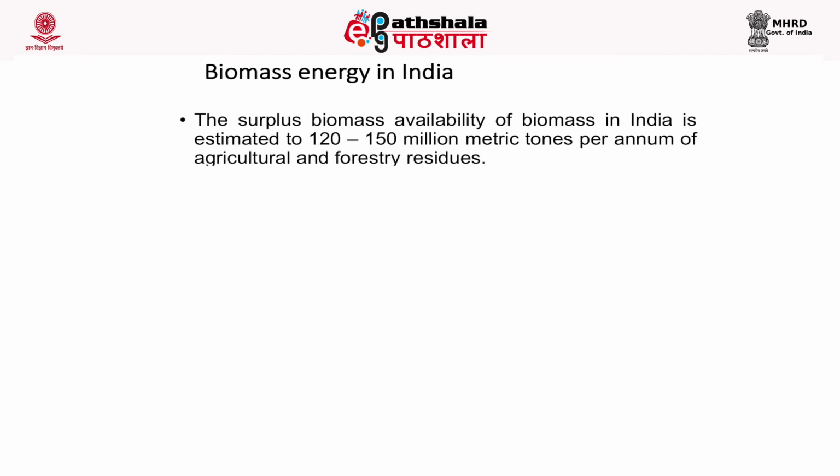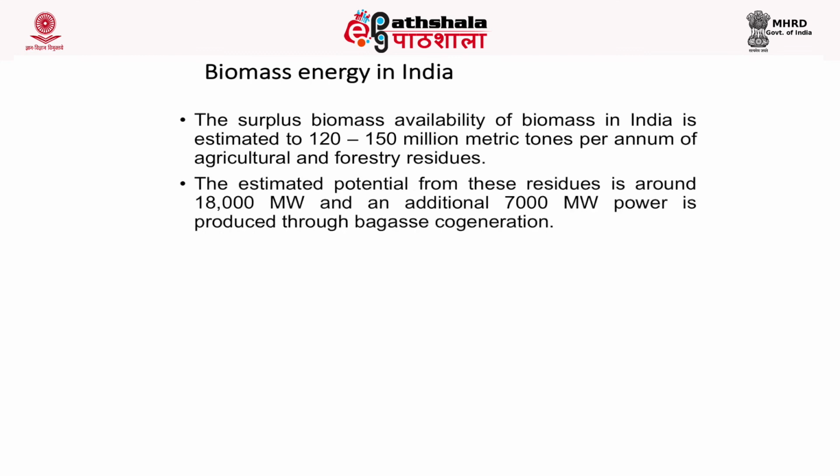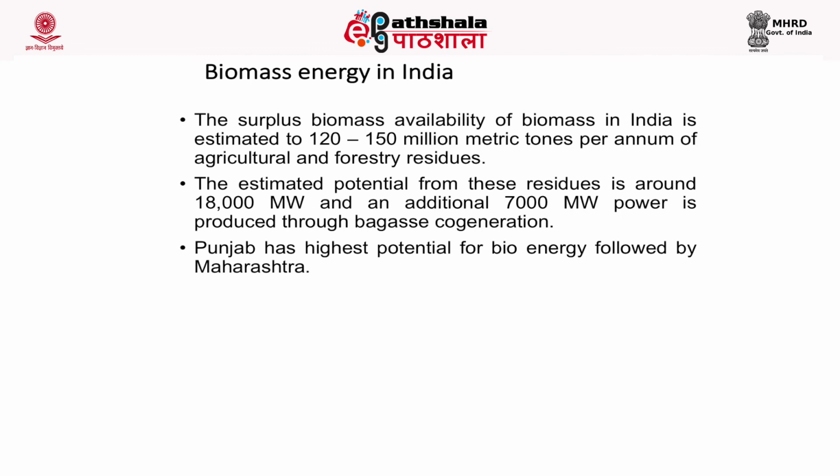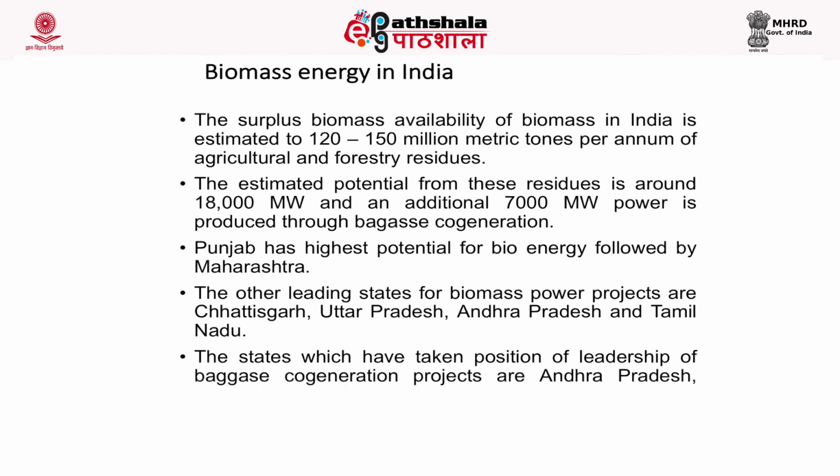The surplus biomass availability in India is estimated around 120 to 150 million metric tons per annum of agricultural and forestry residues. The estimated potential from these residues is around 18,000 megawatt, and an additional 7,000 megawatt power is produced through bagasse cogeneration.